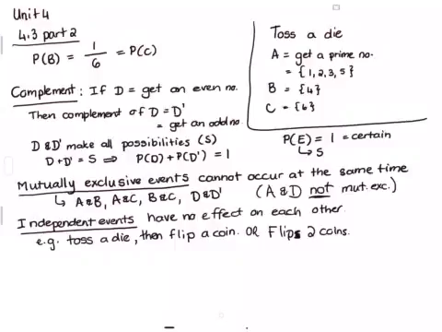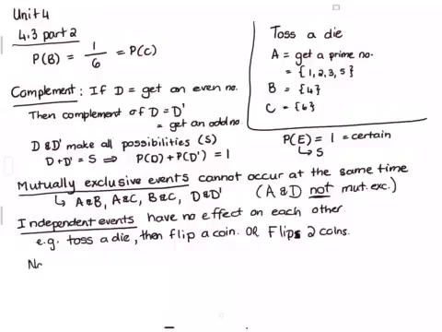So if I got a 2, it did come from both A and D. But it was still just when I did one action, could I get a result coming from 2 of my events. Whereas independent events are, if I do something and then I do another thing, the next one doesn't depend on what happened the first time.